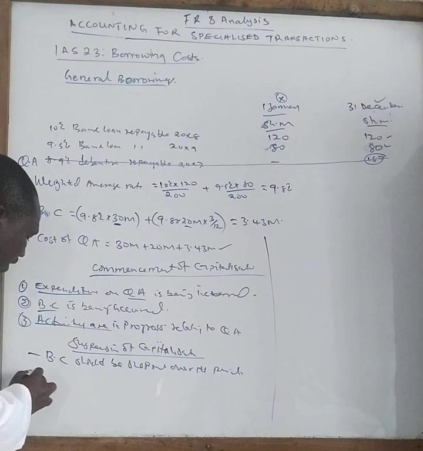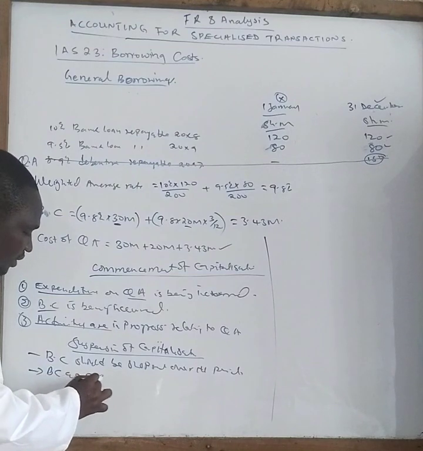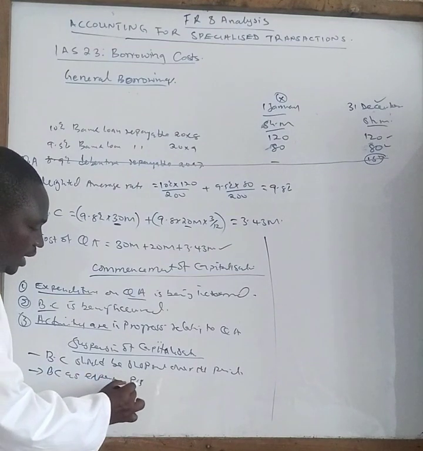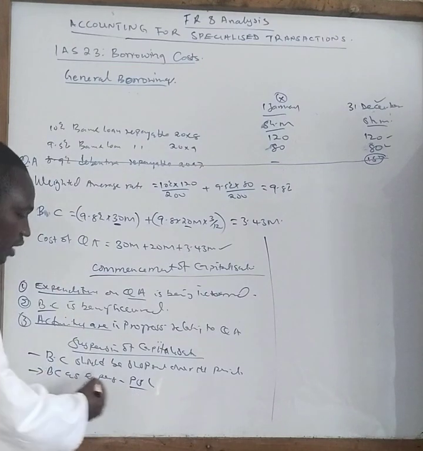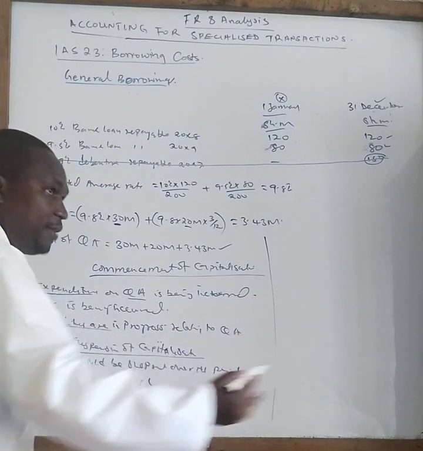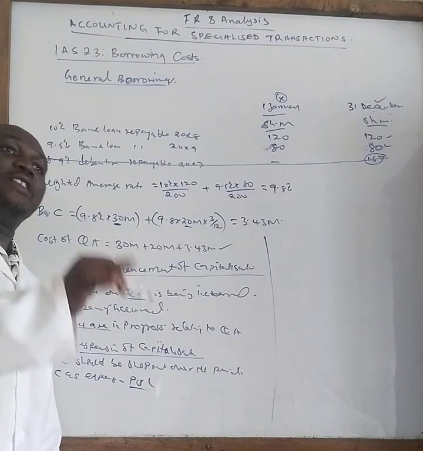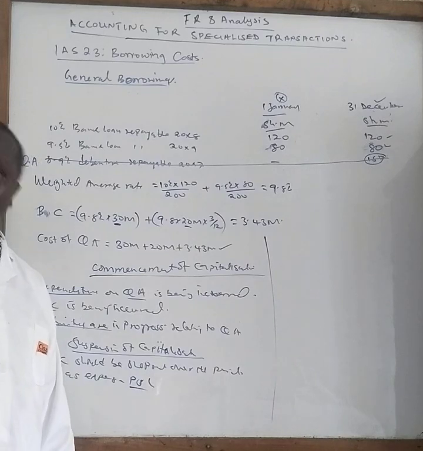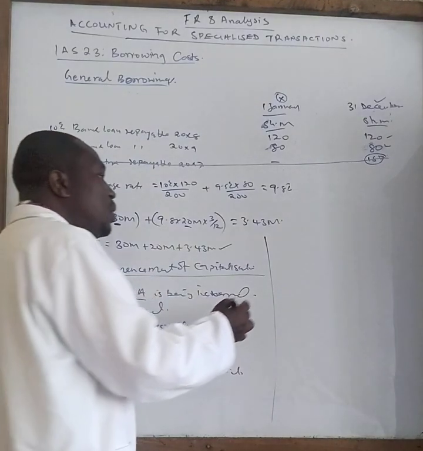If you are suspending, then it means that you are treating borrowing cost as expenses, which means take it to the P and L. So you also need to suspend the borrowing cost over that period of time. However, you treat the borrowing cost as ordinary expenses in your P and L account. Correct?